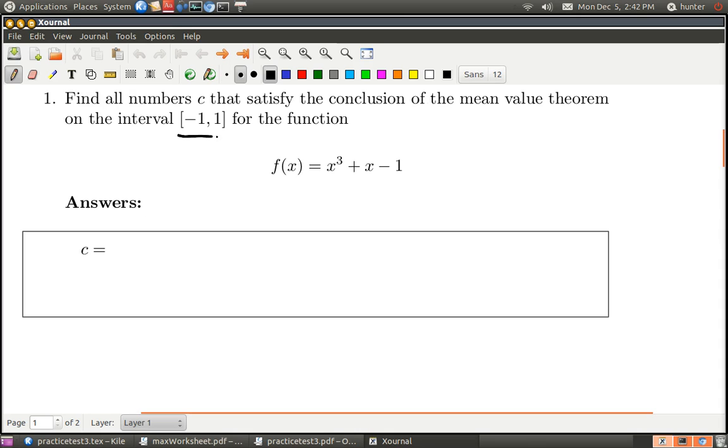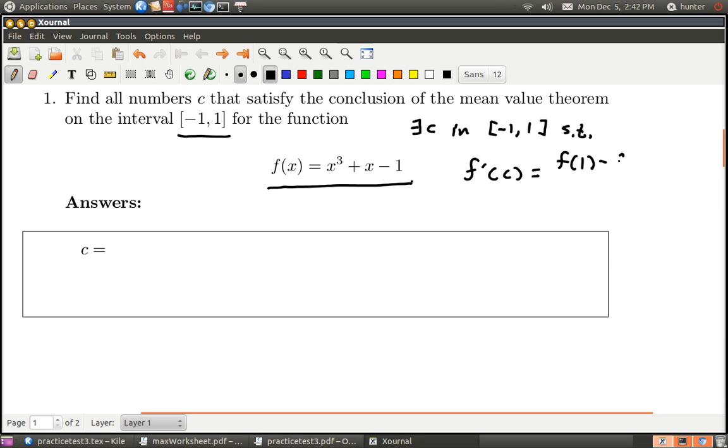We have an interval here, and we have a function, and the mean value theorem says that if f satisfies certain conditions, then there exists c in the interval from -1 to 1 such that f prime of c is equal to f of 1 minus f of -1 divided by 1 minus -1.